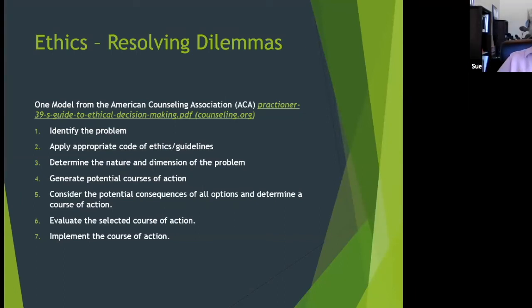Do I need to go back and decide something and think about something else because maybe that didn't work? So being able to document all of that, because again, if anybody comes back and asks you questions and wants to kind of find out why you did what you did, that you're able to go back and say, here is the process that I followed. Here is what I did, and I documented it all.